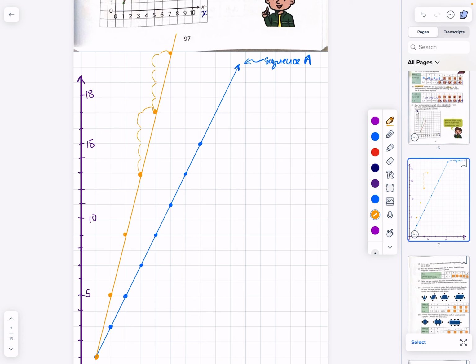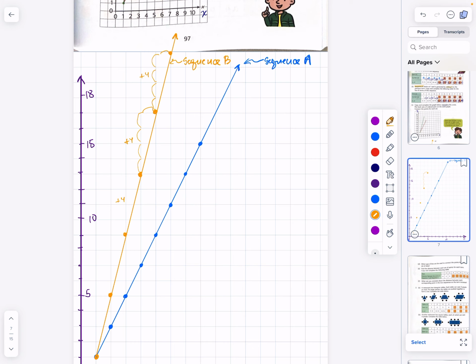And again, this line goes on forever. So I'm going to put an arrow. And notice every time I add 4, it's plus 4 to generate the next point. Why? Because the sequence was add 4 to the next one. Now let me label it. This is sequence B.